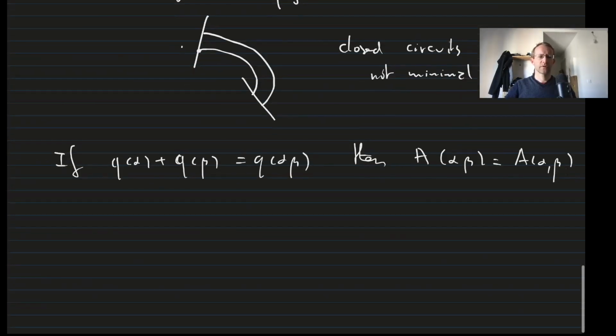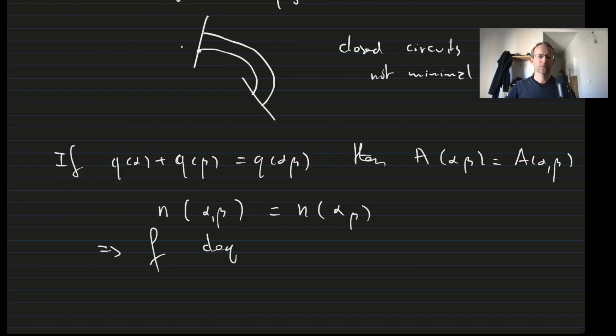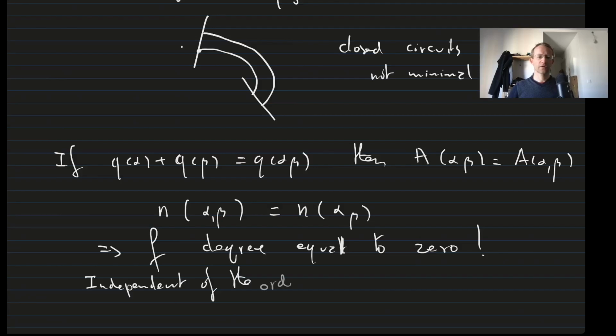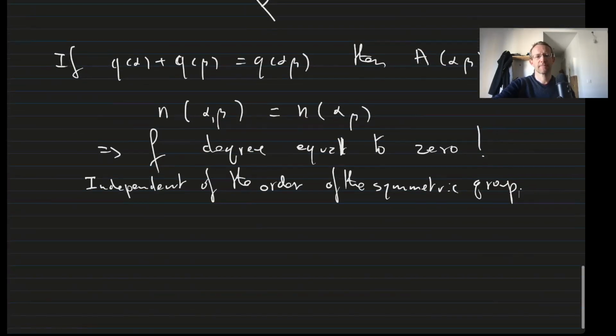And therefore, we will also have that the number of active elements in the set alpha beta is equal to the number of the active elements in alpha beta. And therefore, the structure constant f will have a degree equal to 0. In other words, the structure constants will be independent of the order of the symmetric group. You have discovered the ring structure, which is sort of independent of n.